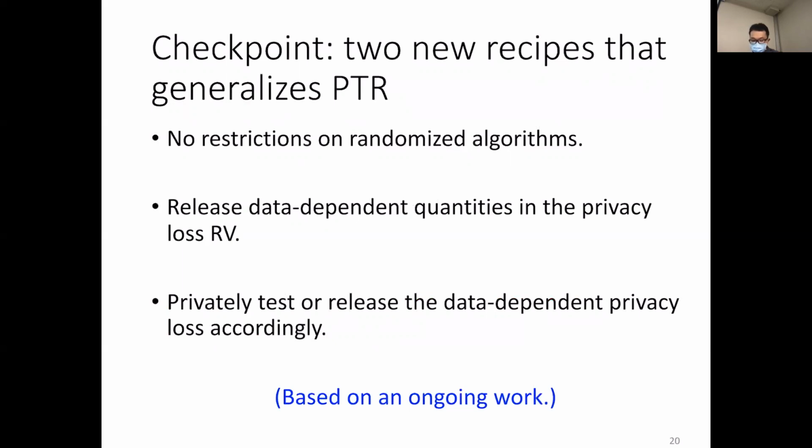It relies either on a private test that checks whether the outcome is larger or smaller than the predefined budget, or on approaches to privately publish this data-dependent privacy loss, so that we can sanitize it and smooth it, and then use that to calibrate noise to the privacy requirement with a little bit of overhead.